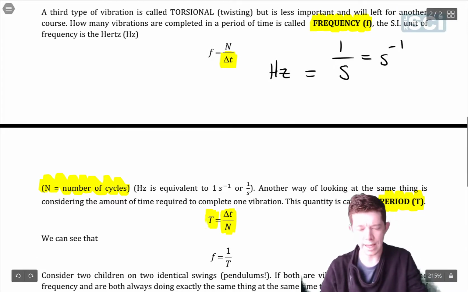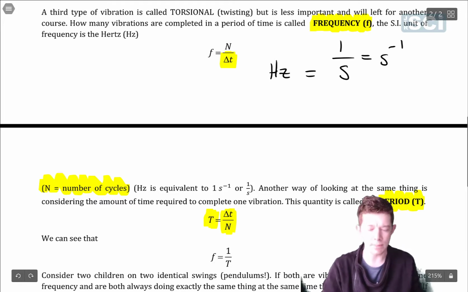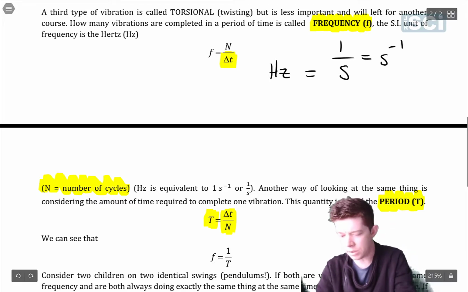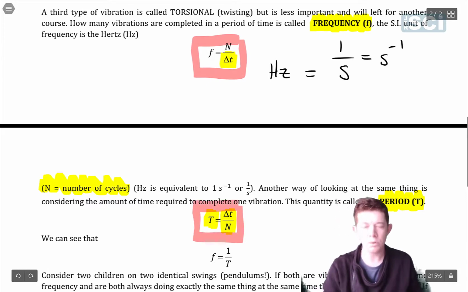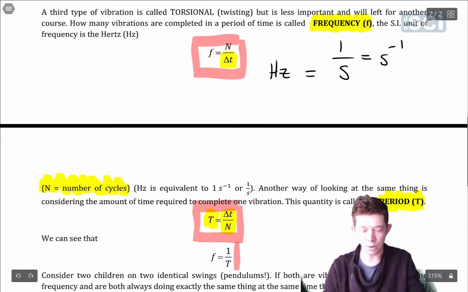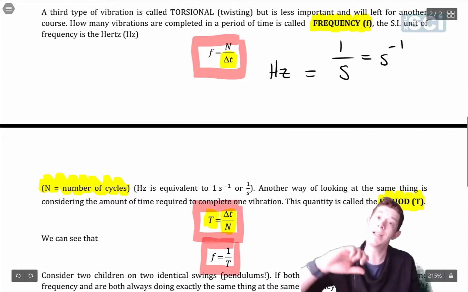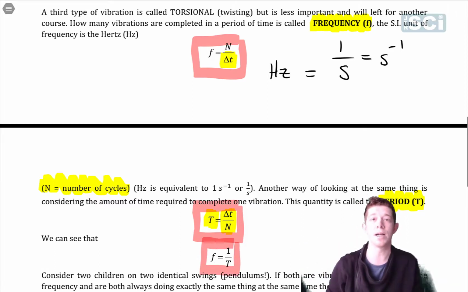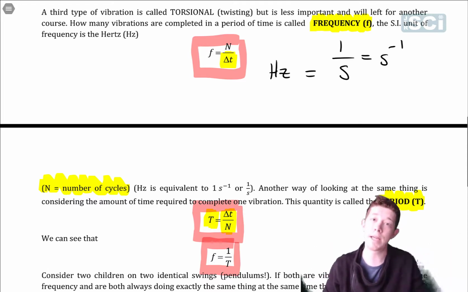So we use the capital T to indicate period. And so you'll notice if you stare at these two equations here, one for frequency and one for period, you'll notice that they are just inverses of each other. So if we know the frequency, we can take its inverse to find the period, and vice versa. If we want to find the period, we can take the inverse of our frequency.